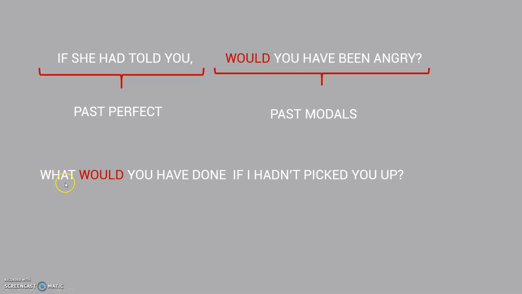Here we have our WH word, what, where, when, which, whatever, and then our modal goes first and then the subject. Okay, I can say, what would you have done, what should you have done, what might you have done, and it's gonna be the same thing all the time. The auxiliary goes first. Remember, in the result, past modal, and in the condition, past perfect.